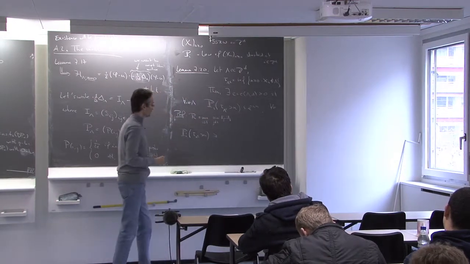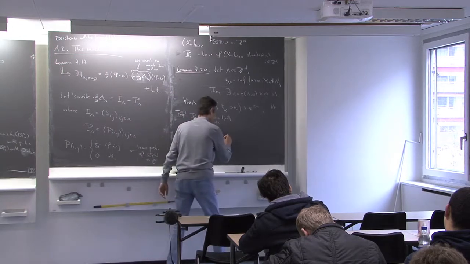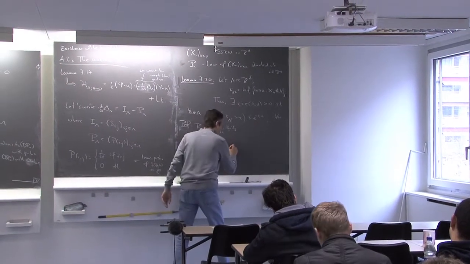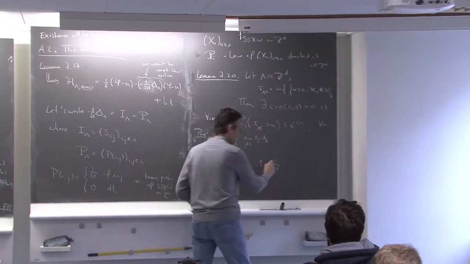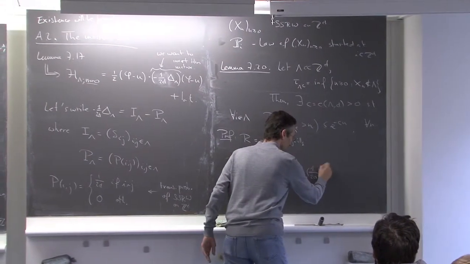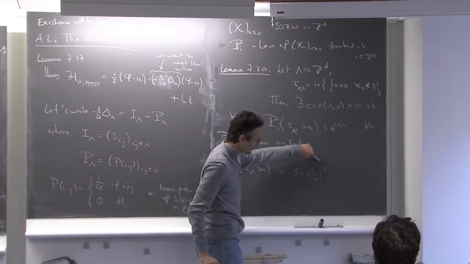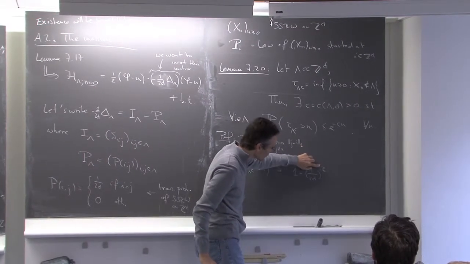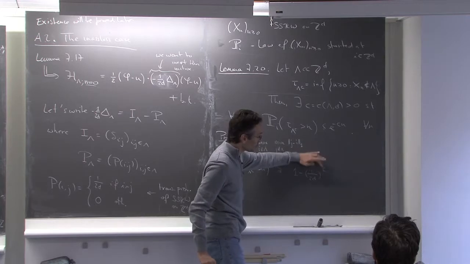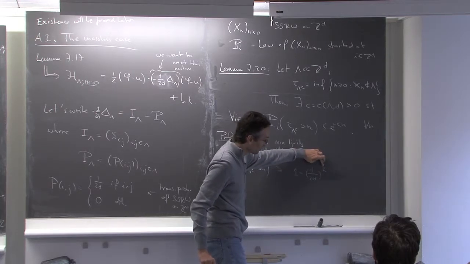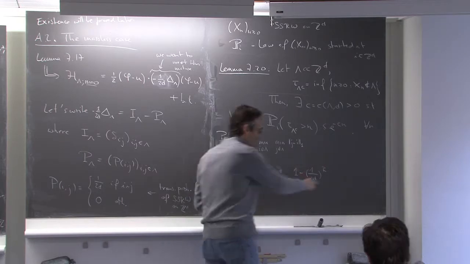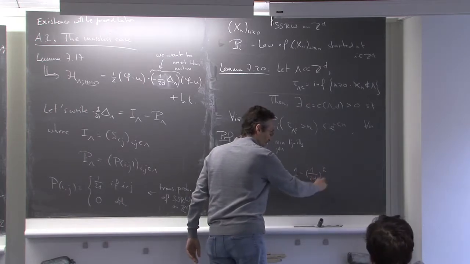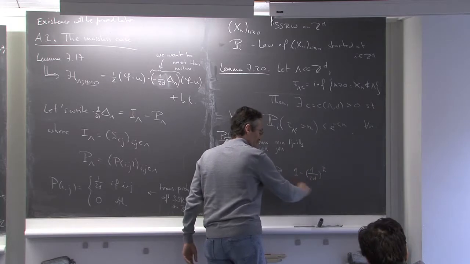What is the probability of not exiting on an interval of length R? This is 1 minus the probability of following the shortest path. The shortest path has a length at most R, and the probability of following it is 1 over 2d for each step. So that's the probability of following the shortest path, and that's the probability of not doing that.